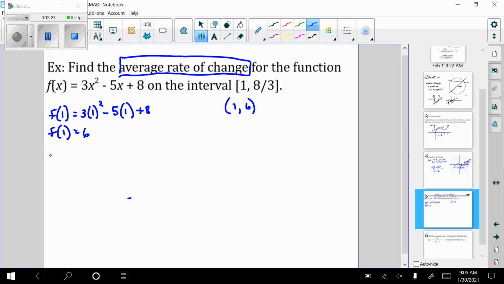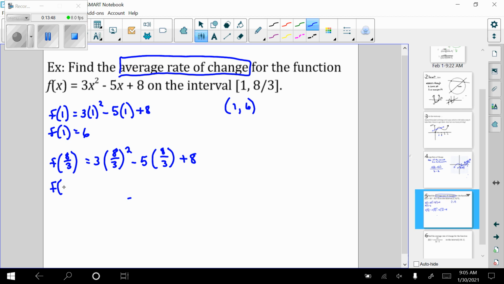So now I need to calculate f of 8 thirds. Get used to using fractions. So 3 times 8 thirds squared minus 5 times 8 thirds plus 8.